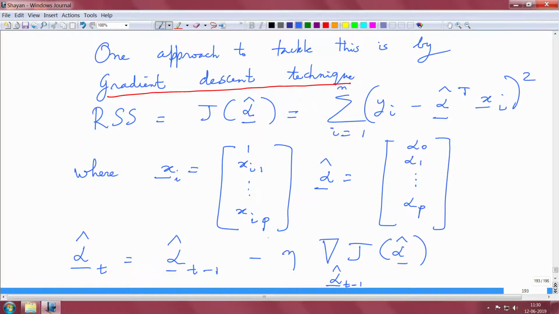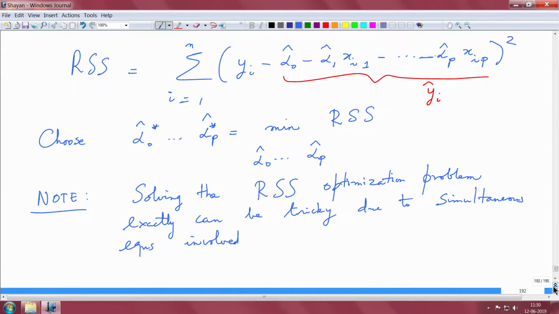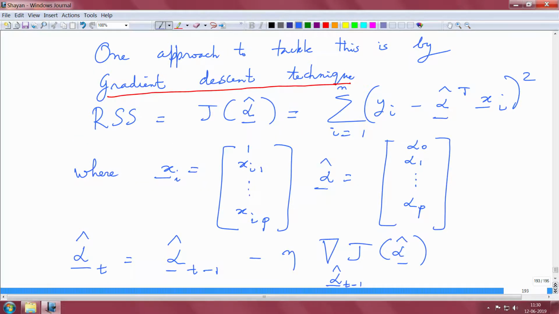Since I have p variables, and for the term alpha naught I do not have anything there, it is going to be 1. This is just rewriting the equation that I have earlier in the form of a matrix, right. So I just express it in terms of an inner product of alpha hat with xi, and then I put this in this form.